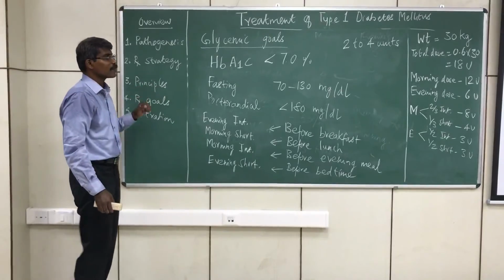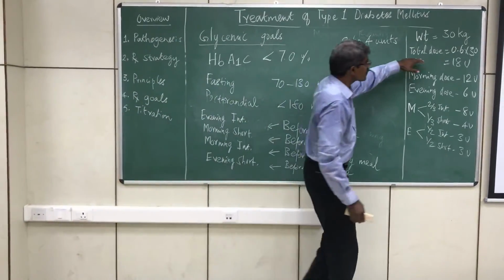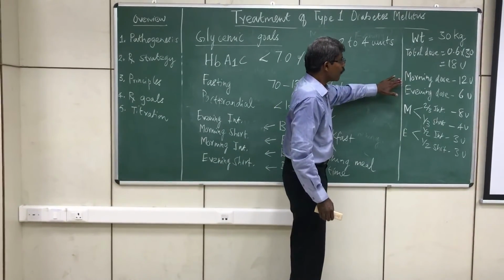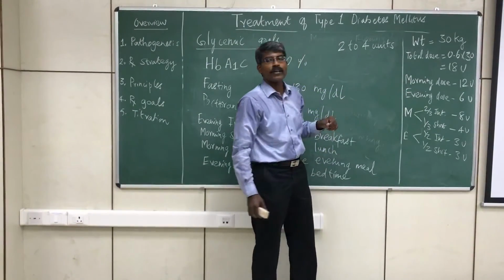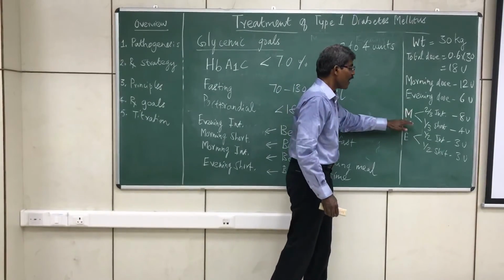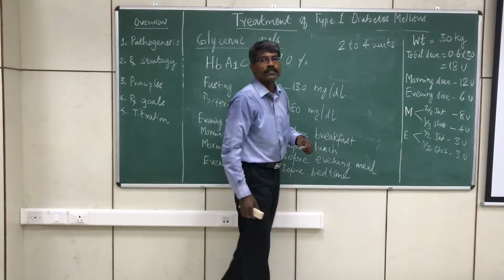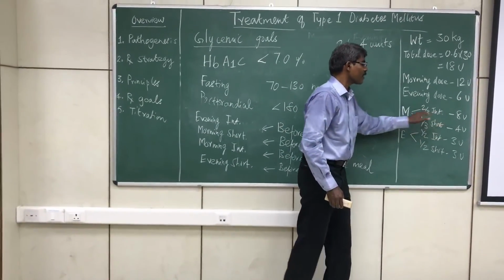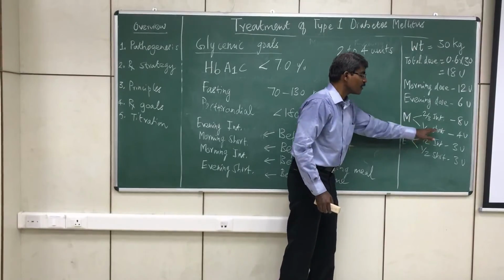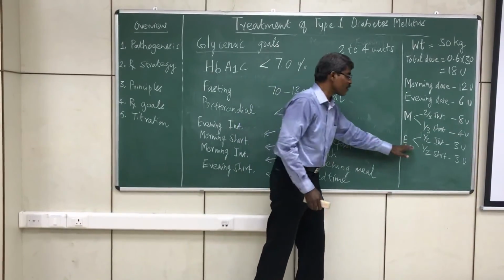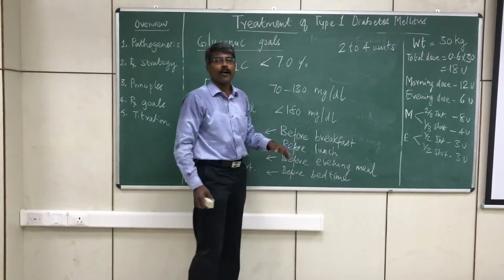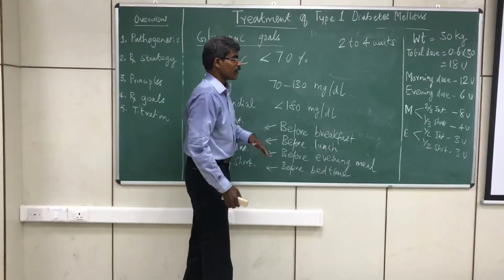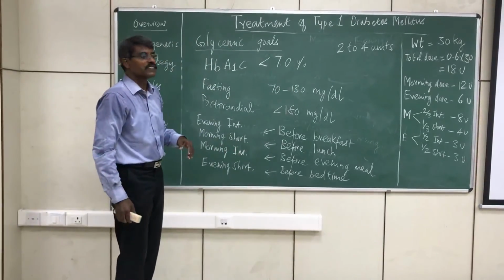The total dose is calculated as 0.6 into the total body weight in kilograms, and 2/3 of the total dose is given in the morning and 1/3 in the evening. In the morning, 2/3 is intermediate acting and 1/3 is short acting. In the evening, each component is half: the intermediate acting takes 1/2, and the other half is given by the short acting. So those are the principles in initiating therapy.